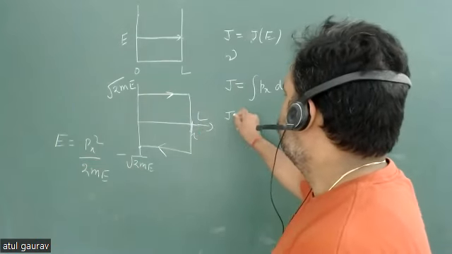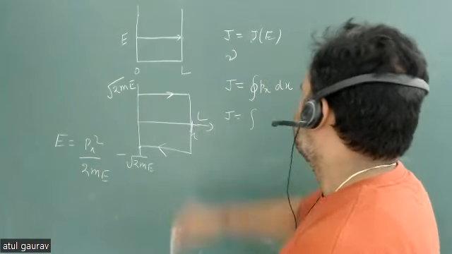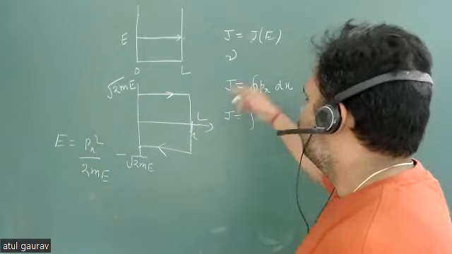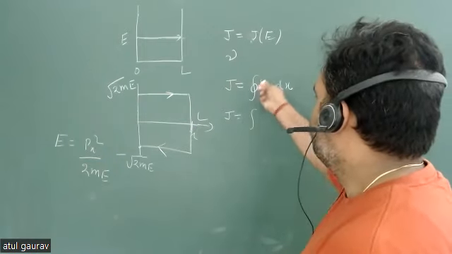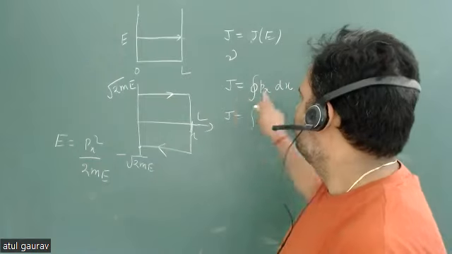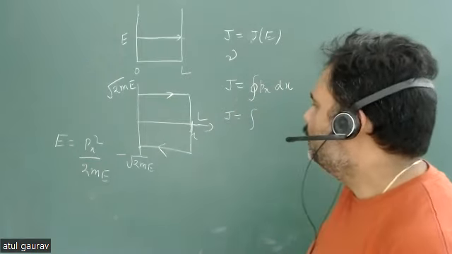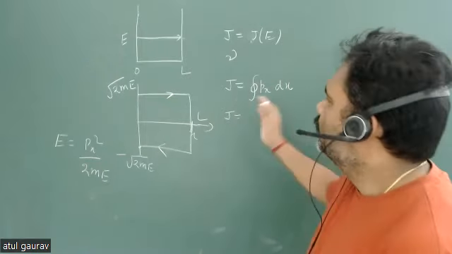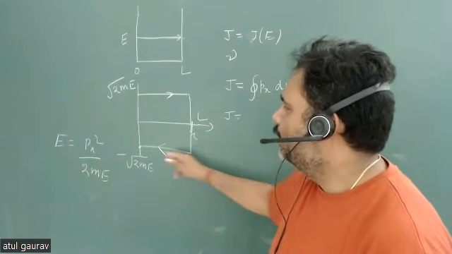So what is this value? J is equal to the closed integral of px dx. What will this area be? Area of the rectangle, isn't it? So without doing integration, we can find the area of the rectangle.